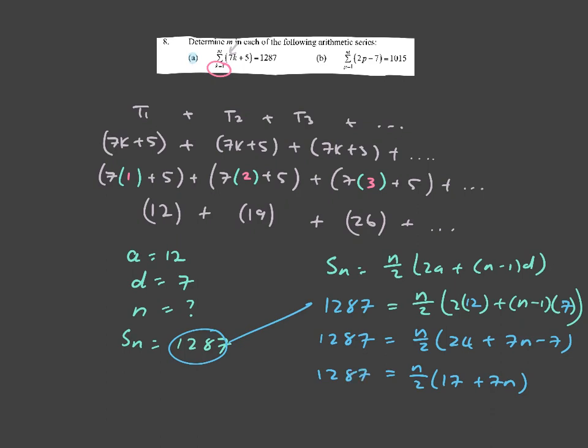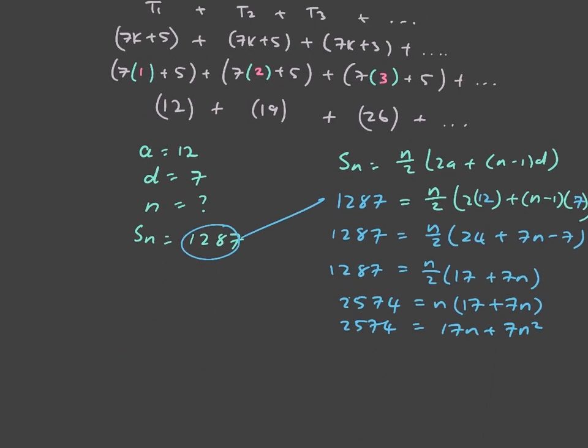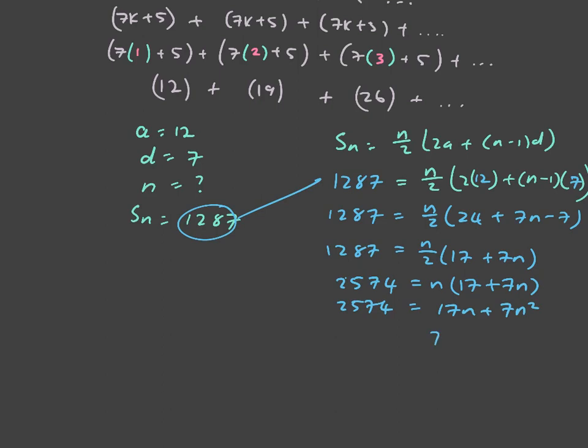Multiply on both sides, then you get 2574, and then n times 17 plus 7n. So what we've got is 17n plus 7n squared is equal to 2574. So therefore 7n squared plus 17n minus 2574 is equal to 0.